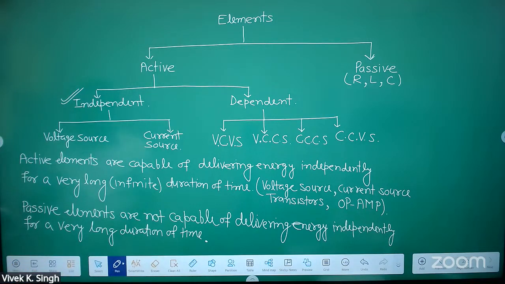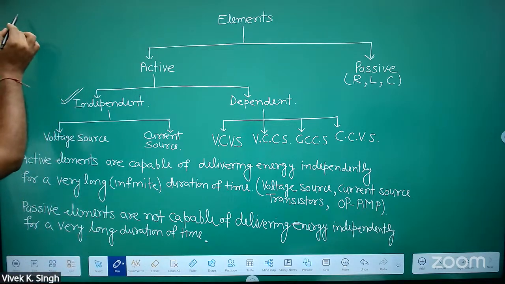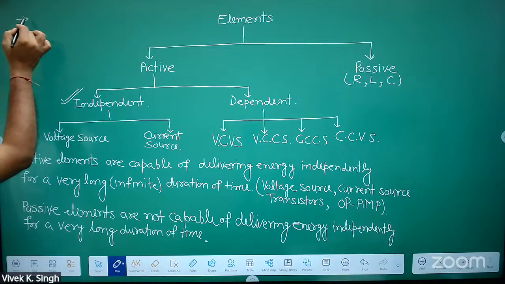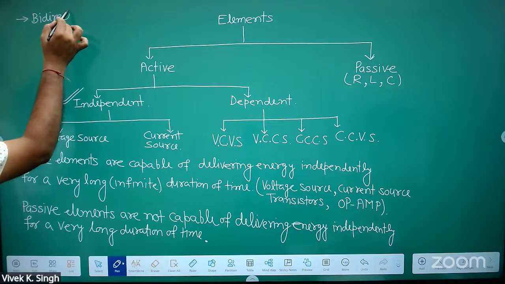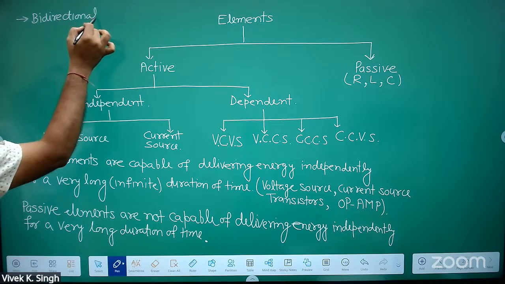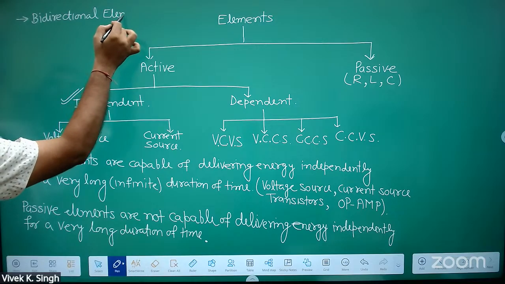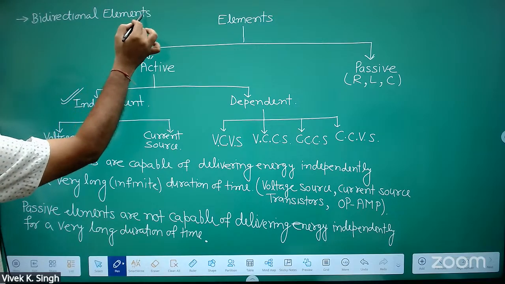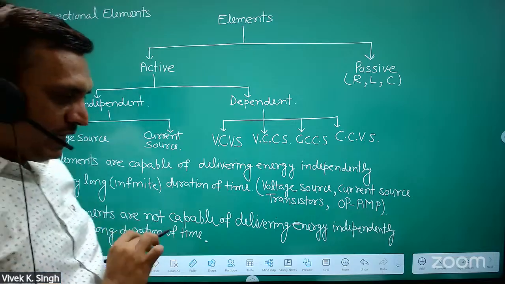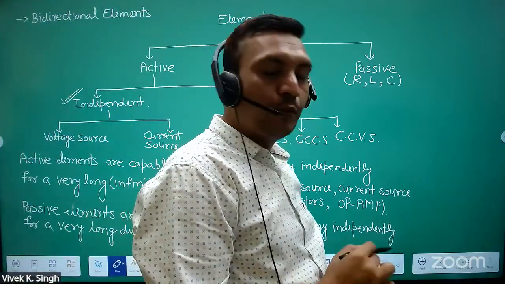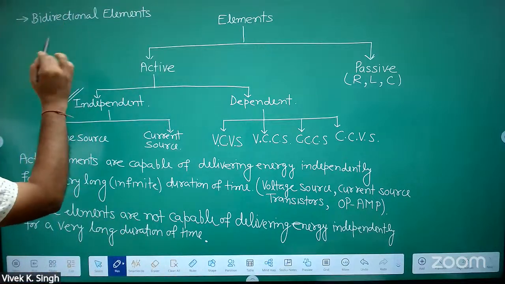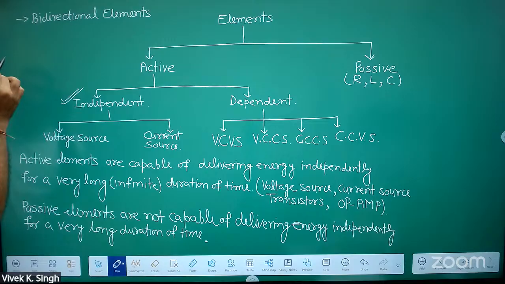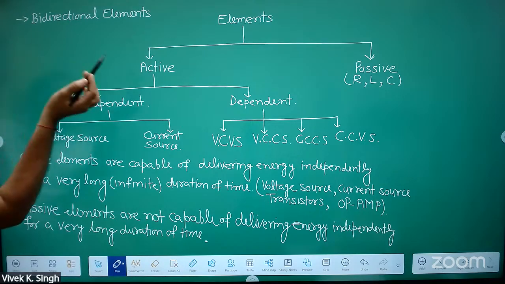We will also encounter different terms like bidirectional elements. Bidirectional element means that by changing the direction or polarity, the property of the element will not change. It will conduct in both directions, so current can flow left to right or right to left.